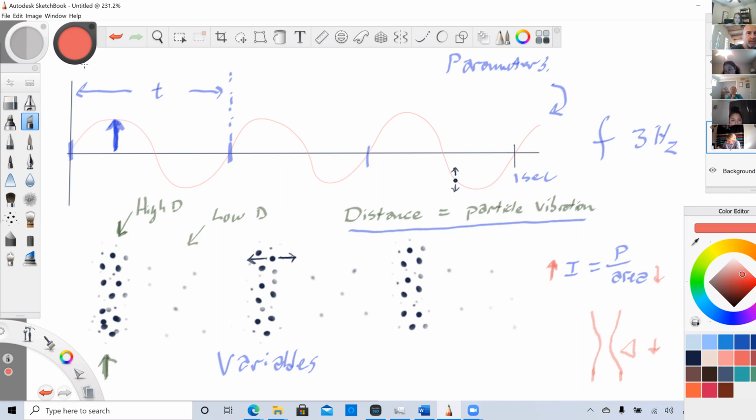Wavelength. Looks like the same measurement, except it's a length. The other one was time. And propagation speed: millimeters per microsecond, average soft tissue.